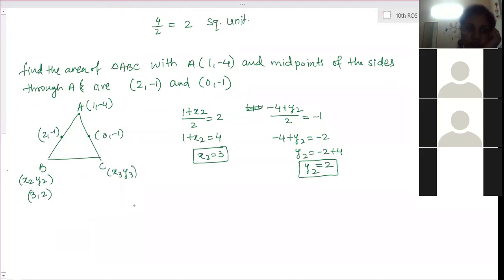Then C's coordinates: 1 plus x3 by 2 is equal to 0, minus 4 plus y3 by 2 is equal to minus 1.